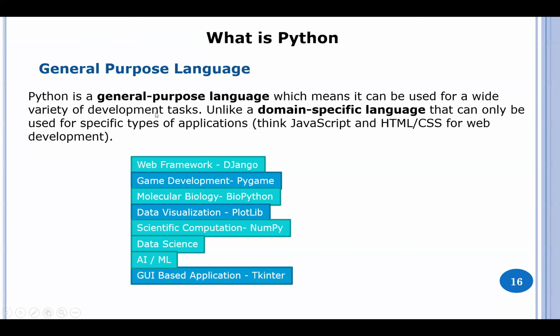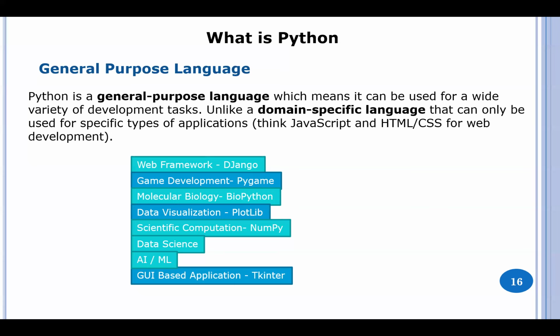And why are we saying Python is a general purpose language? Simple thing: use it anywhere. That is why we say Python is a general purpose language. We can use Python in image interpretation, ArcGIS, QGIS, raster analysis, and a number of places.